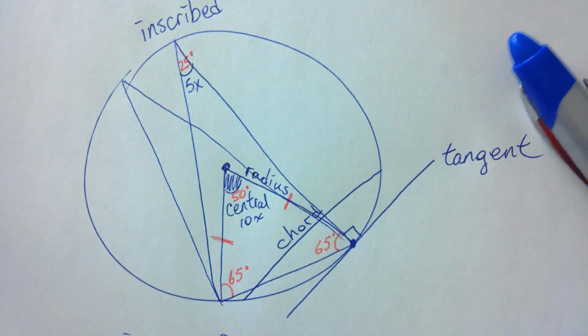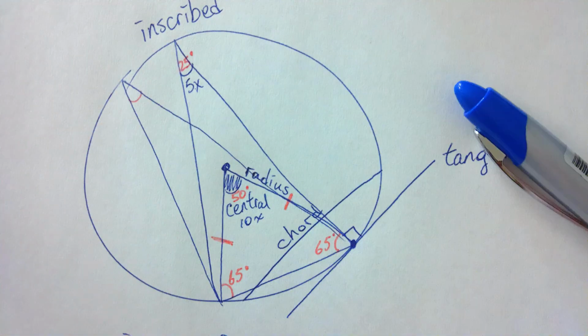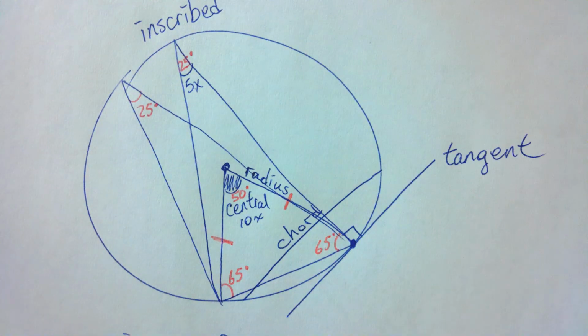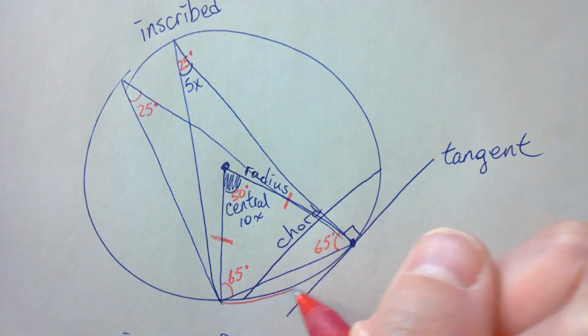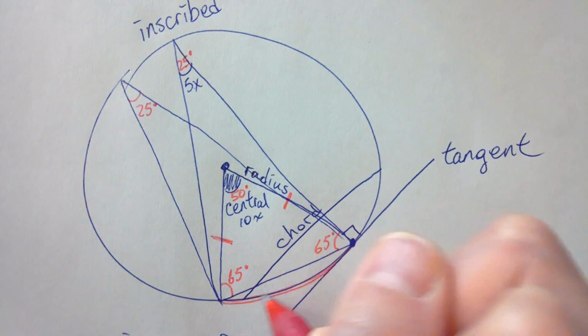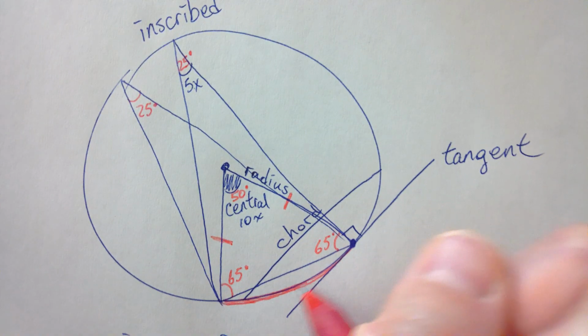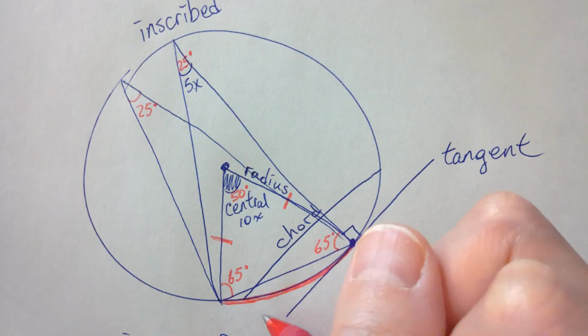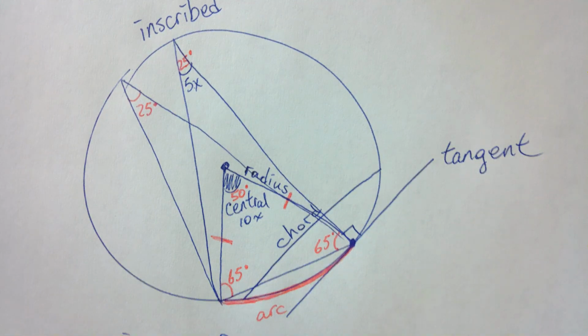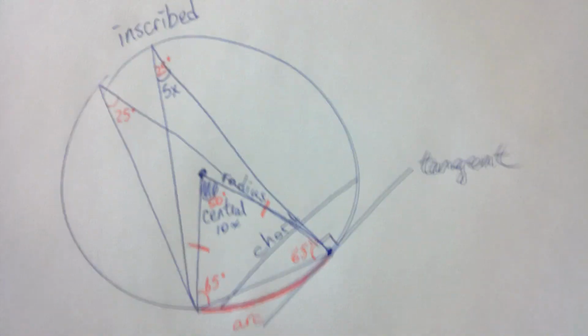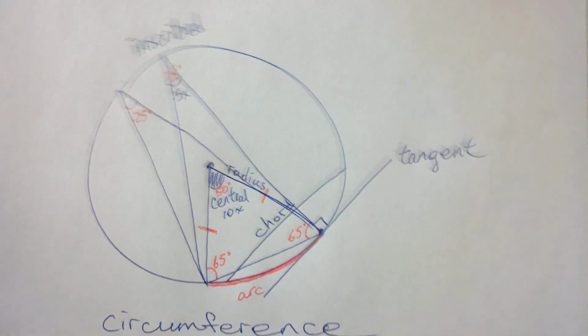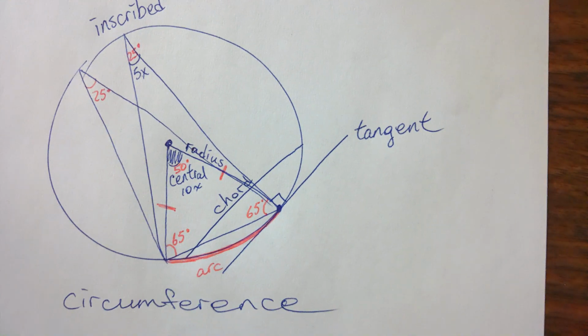What would this angle be then? Also 25. Good. What is this called? Arc. Good, because they're bounded by the same arc. All these words right here, the spelling counts. The other diagram.